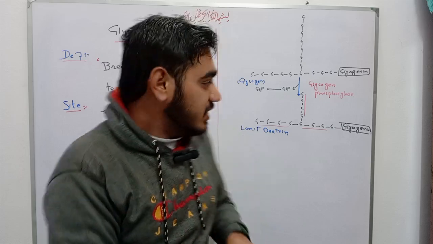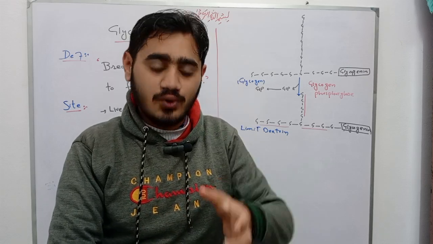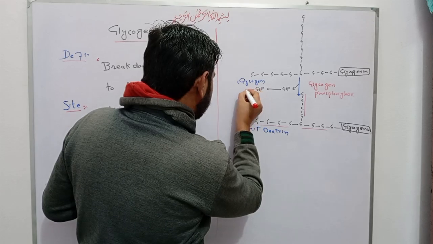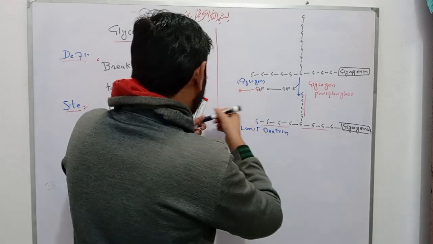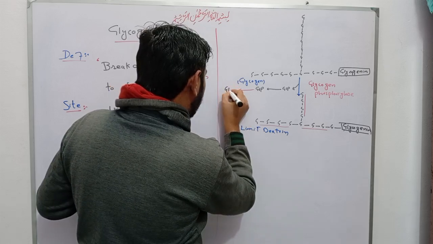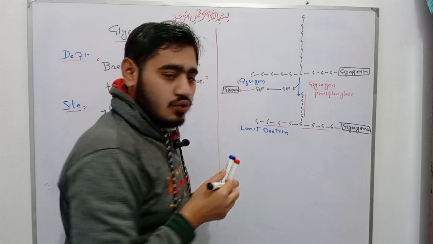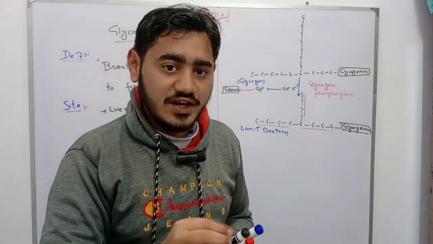So in muscles, this glucose 6 phosphate directly enters the glycolysis process. But in liver, it converts into glucose with the help of glucose 6 phosphatase enzyme, because this enzyme is present in liver and kidney.